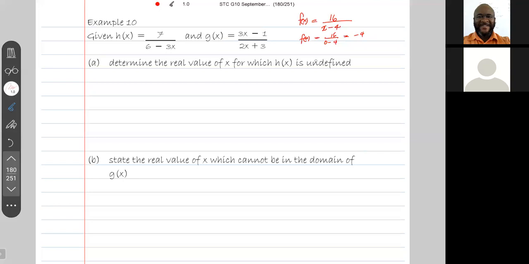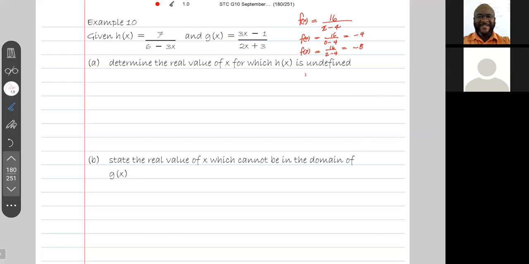When x is 2, f of 2 would be 16 over 2 minus 4, which would be 16 over minus 2, which would be minus 8.